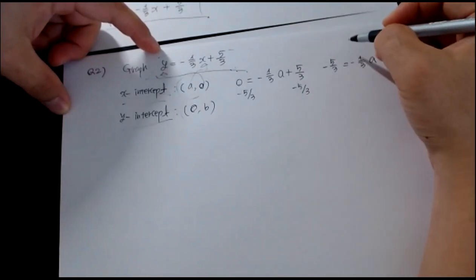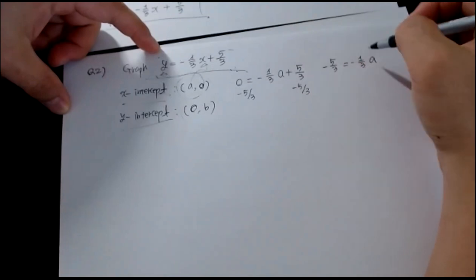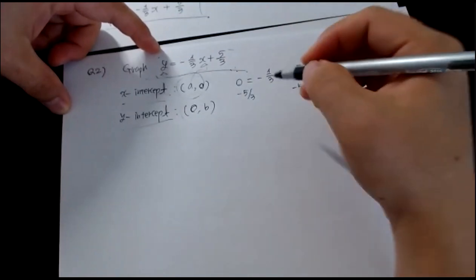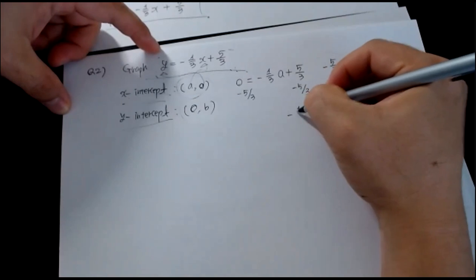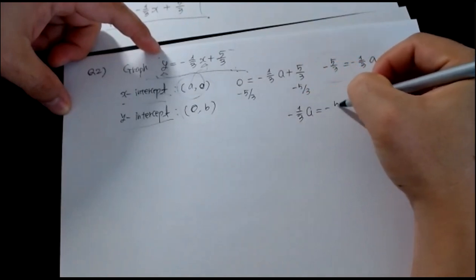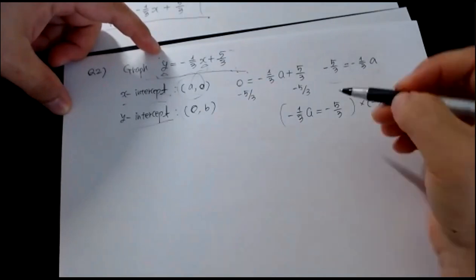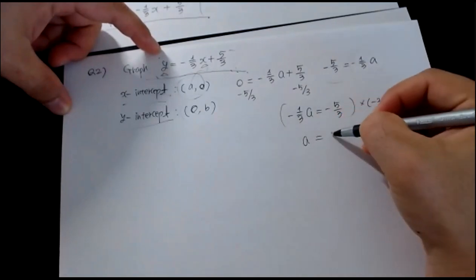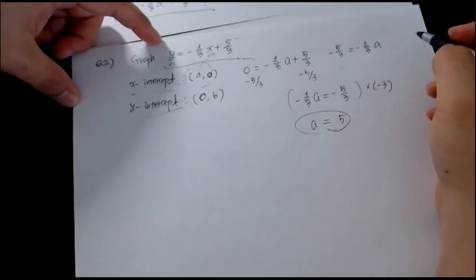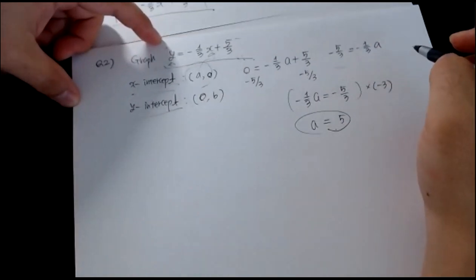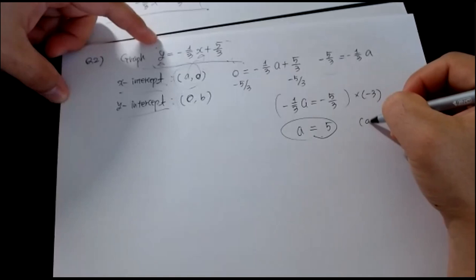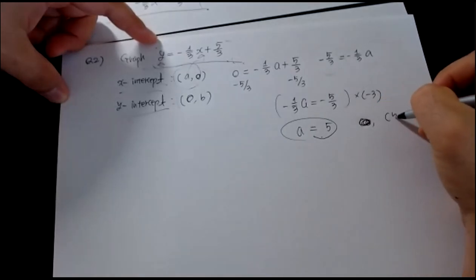Let me just interchange the left hand side and right hand side. So negative 1/3 a is equal to negative 5/3. And now I'll multiply by negative 3. Then we're going to get a is equal to 5, right? So a equals 5. So 5 comma 0 is the x-intercept.